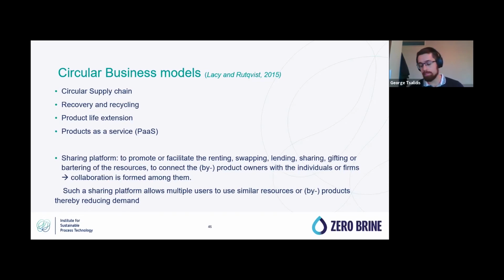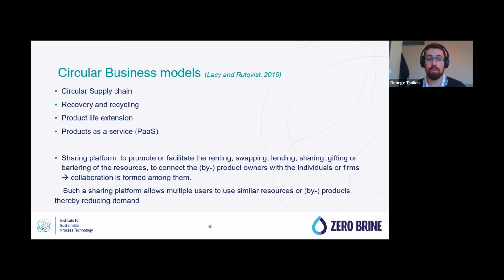And in this case, the consumer is not the owner of the product, but the manufacturer is the owner of the item, let's call it, that the consumer is using. And you can think of it as in the Netherlands, there are some bikes that people are basically not buying, but renting. So they pay a specific fee every month. And then if something happens to the bike, then the company has to do the maintenance.